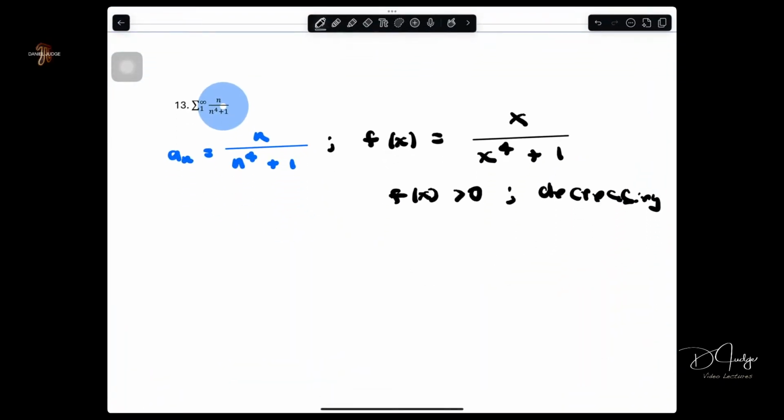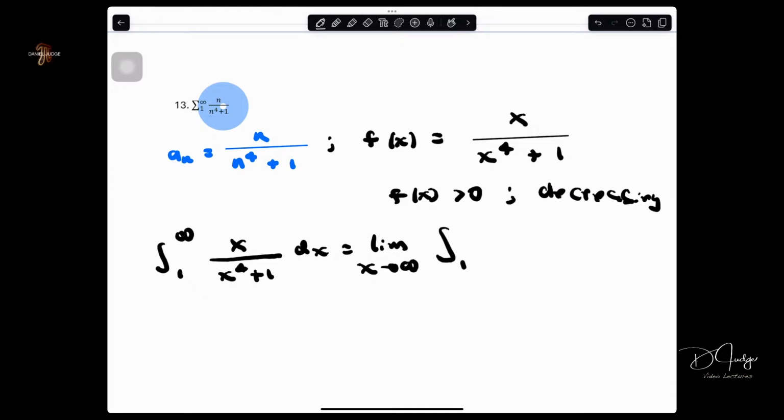So we're going to use the integral test here. We're going to integrate from 1 to infinity x over x to the fourth plus 1 dx, which will be the limit as t goes to infinity.